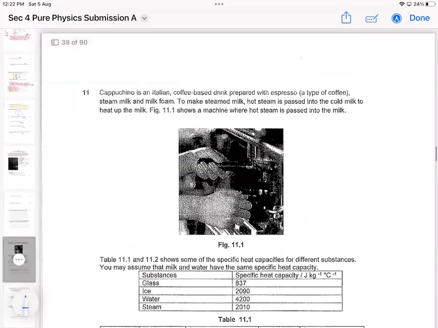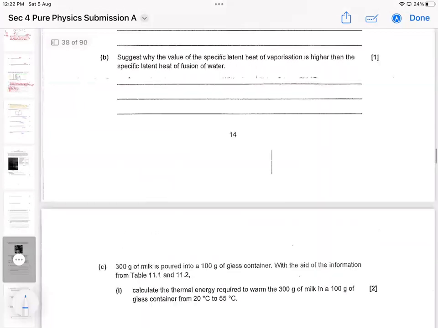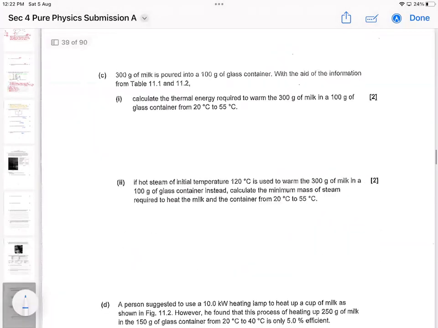Okay, let's look at question 11C. Tiffany, this part you need to take a look at again. Again, I give you the values. This is 47.0 kilojoules. This is 0.0189 kg.